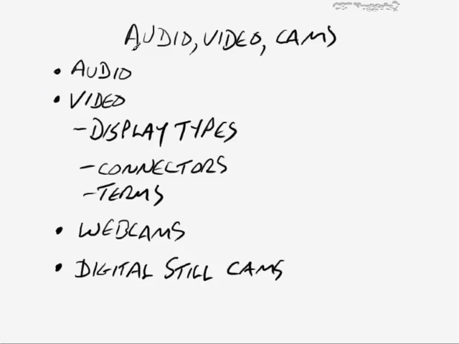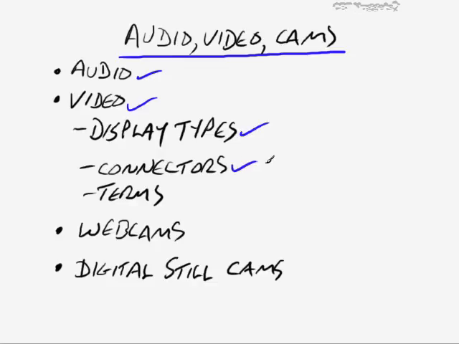In this nugget, we took a look at audio, video, and cameras. We started off by taking a look at audio and some of the additional connectors that we haven't looked at before, such as the optical cable and the digital coax. We took a look at video as well, such as the various display types you can use, which is really mostly a CRT as well as an LCD, although we also mentioned projectors.